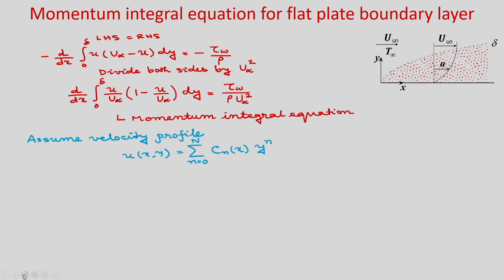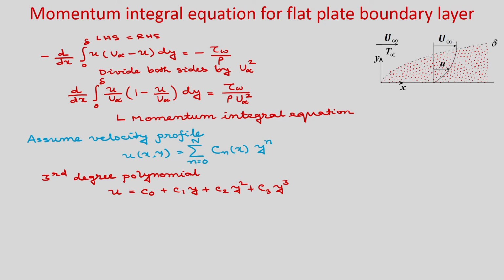So, if you consider a third degree polynomial, you will get u as C0 plus C1 y plus C2 y square plus C3 y cube. Okay. So, considering a third degree polynomial, we got 4 coefficients. So, we need to determine C0, C1, C2 and C3.